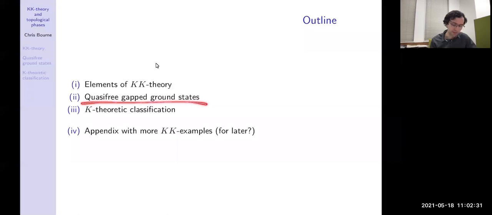And then I'm going to talk about these so-called quasi-free gapped ground states. So Peter yesterday taught us about gapped ground states with spin chains. We're going to look at the fermionic case, and in particular, a very special, easy class of such ground states, these quasi-free ones, and then we'll tie these two things back together.